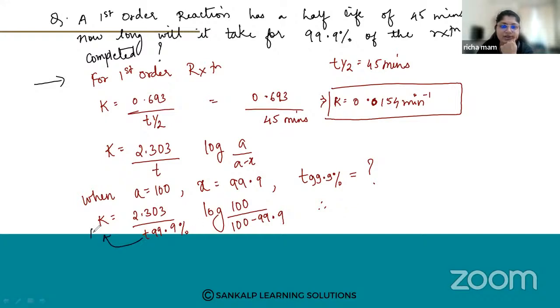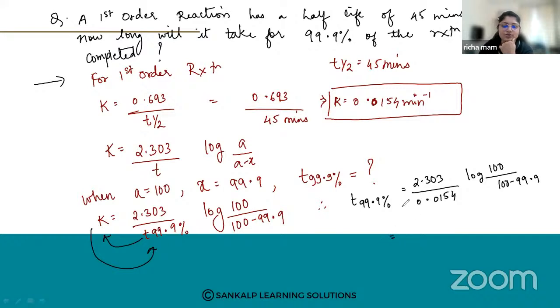I'll transfer this here and take this there. So T of 99.9% is equal to 2.303 by K value, 0.0154, log of 100 by 100 minus 99.9. Okay, just solve this.